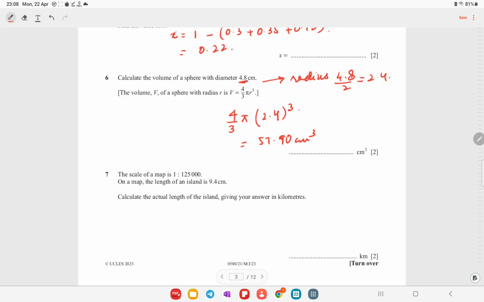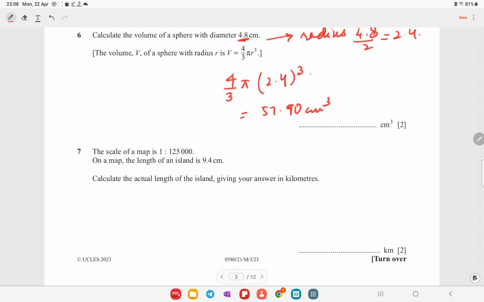Okay, the scale of a map is 1 to 125,000. On the map, the length of an island is 9.4 centimeters. Calculate the actual length of the island, giving your answer in kilometers. So first of all, you have centimeters and the actual length of the island is needed in kilometers.